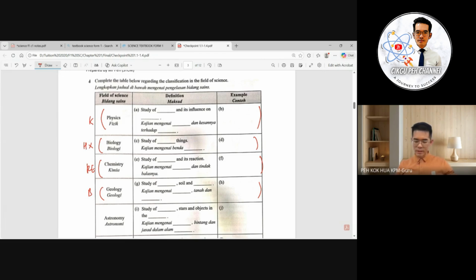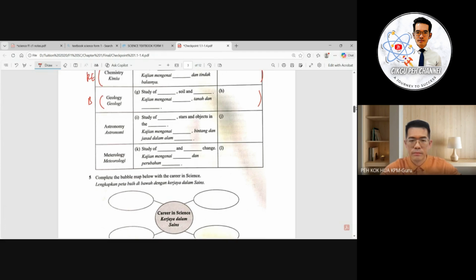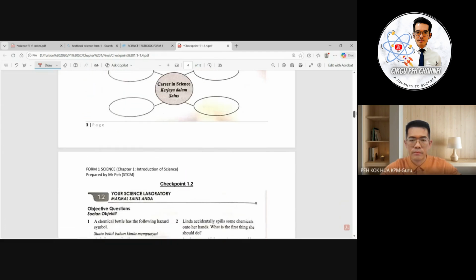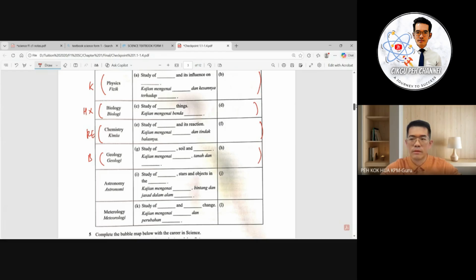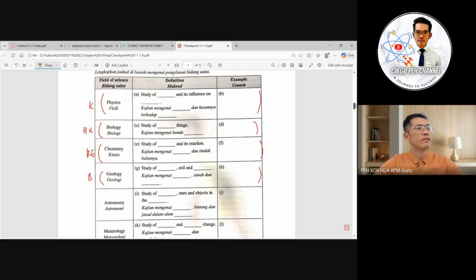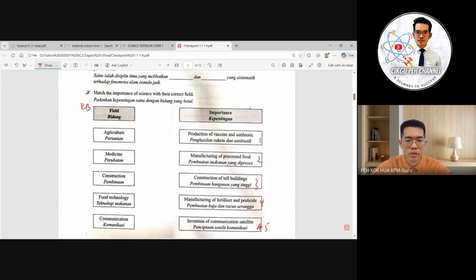Some of the terms are related to what we defined just now. Okay, anyone get the answer already? Okay, so we start from type in. So agriculture.